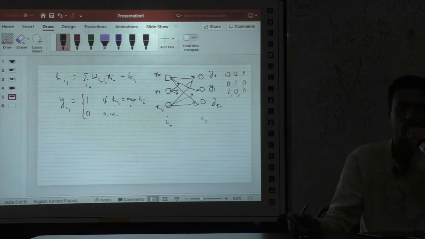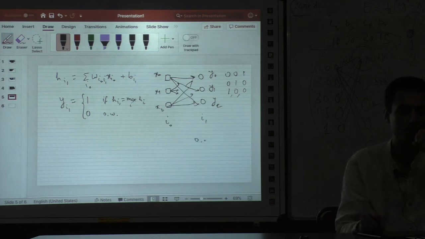That makes sense? Should I give you an example? Let us say I found values h_i as 0.3, 0.2, 0.9. Then my y_i1 will be 0, 0, 1.